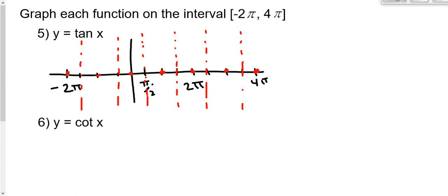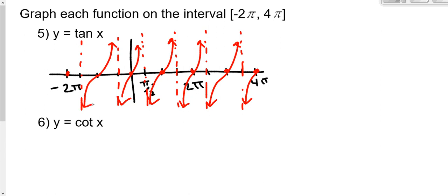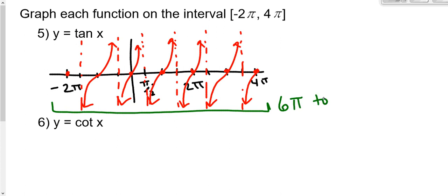Then we have those curves that swoop up. Just draw as many of those as you can. How many of those will you have? If you're going from negative 2 pi to 4 pi, that's a total distance of 6 pi. The period of the tangent graph is pi.